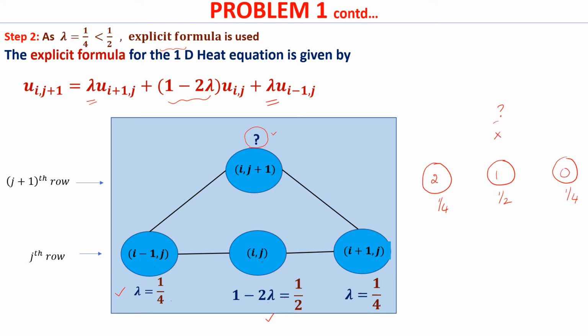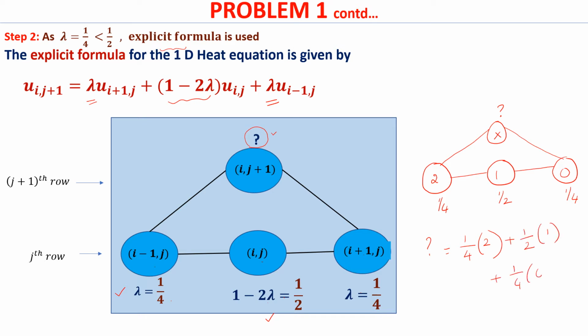So what will be the value of this question mark? Now this is the scheme. So how do I find the question mark when I know the values? It is 1 by 4 into the value within the circle, which is 2, plus 1 by 2 into 1, plus 1 by 4 into 0.